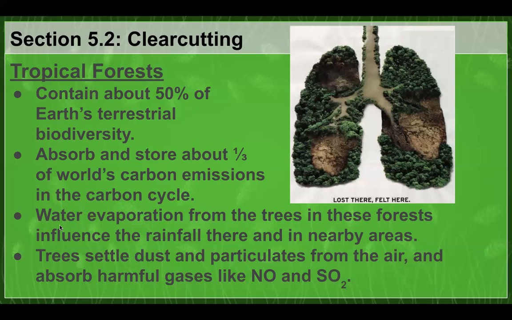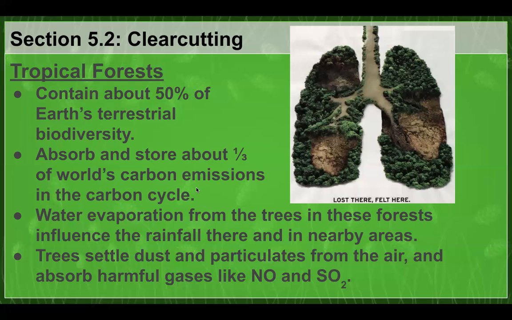Okay. So these trees in these forests, the really dense vegetation, also contribute to local weather patterns. Trees are taking in water from the ground and releasing it through evapotranspiration into the atmosphere.